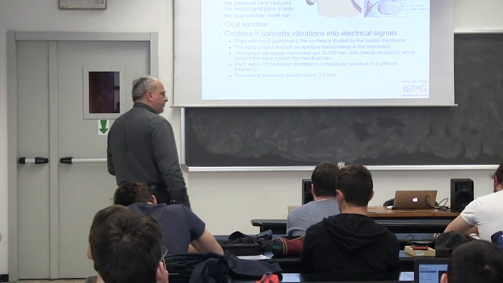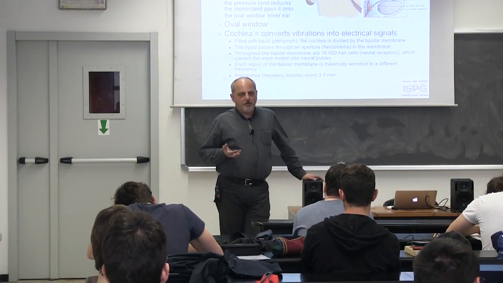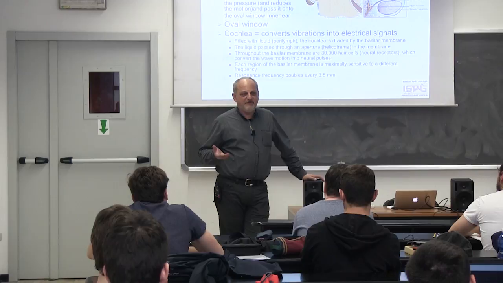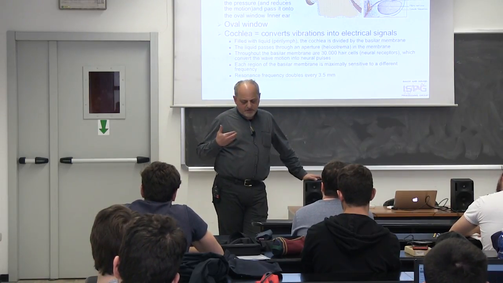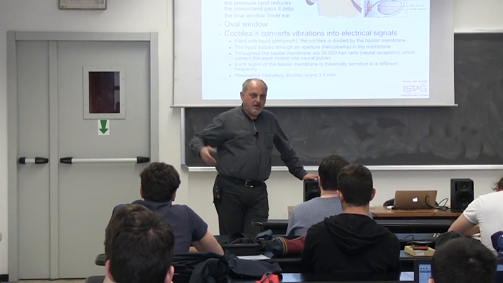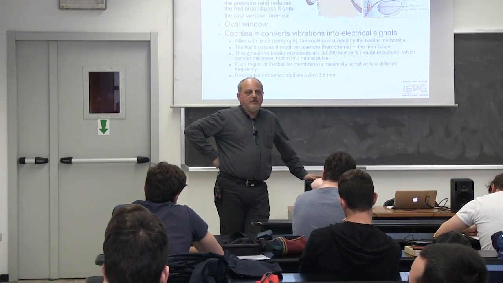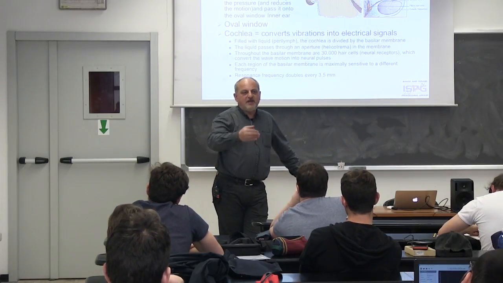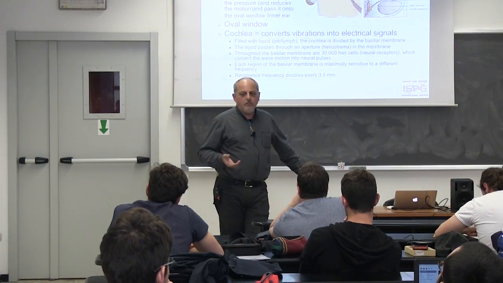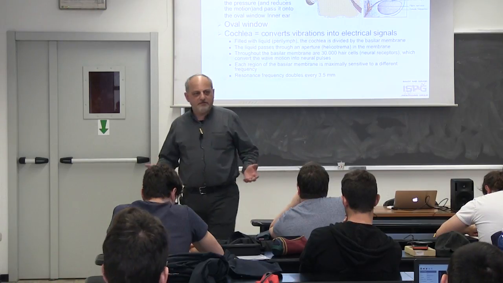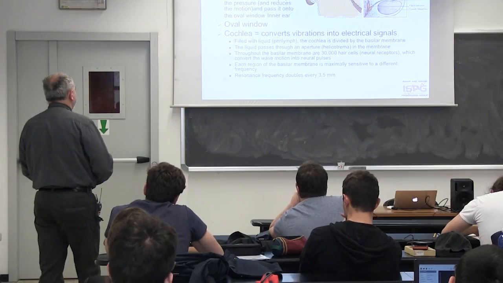So get used to the term octaves, because octaves are very much used in sound processing, and they all come from the fact that we have an exponential progression, like a geometric progression, in the frequencies by moving every time the same interval on the basilar membrane. So we have to use octaves. We have to use exponential growth in that case.